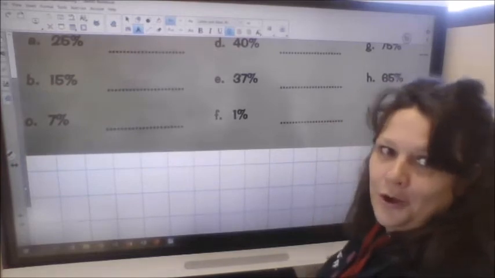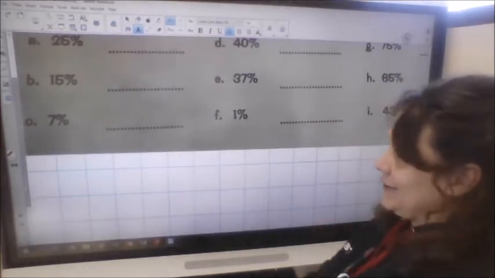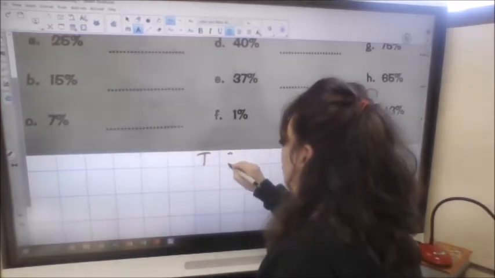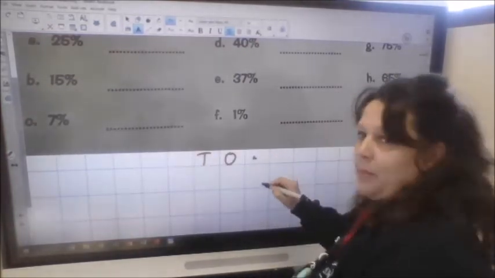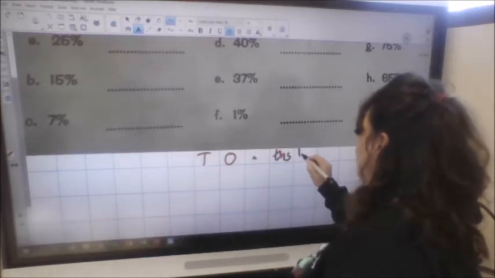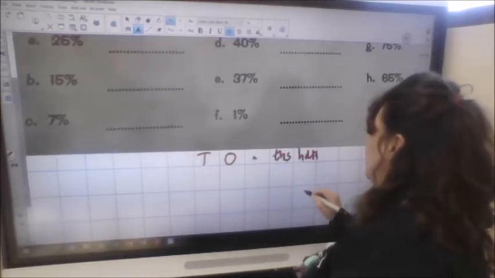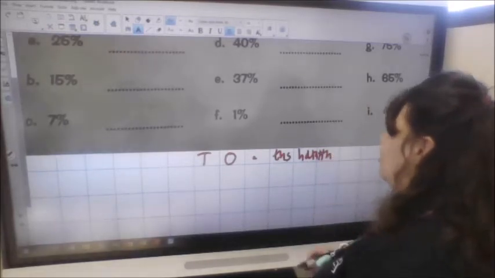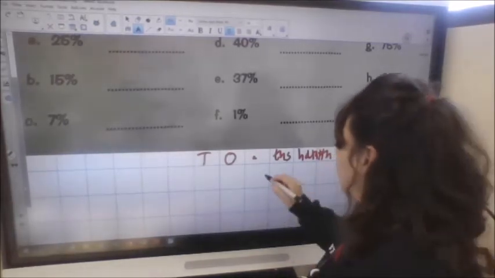You see, it all comes together. Right, so we've got 25%. So I'm going to put tens, ones, I've got my decimal point, and I've got my tenths, I've got hundredths, okay, and thousandths if I need it, okay. All right, so I've got 25.